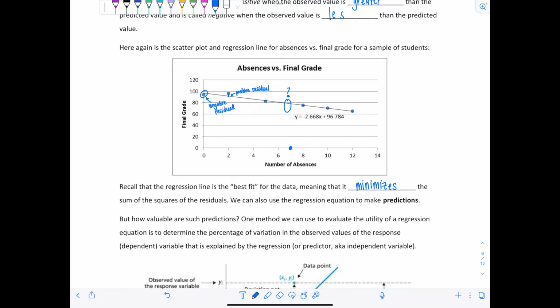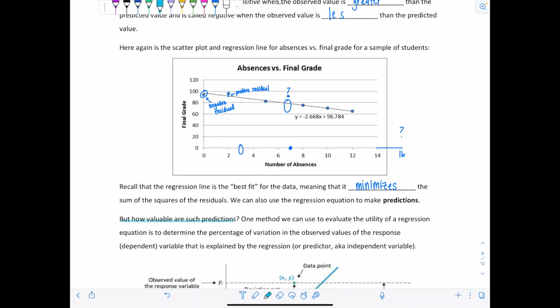Or alternatively, something beyond here, if a student missed 16 classes, what would their grade be? If a student missed 3 classes, what would their grade be? But we do want to make sure we're doing this appropriately and carefully. How valuable are such predictions?